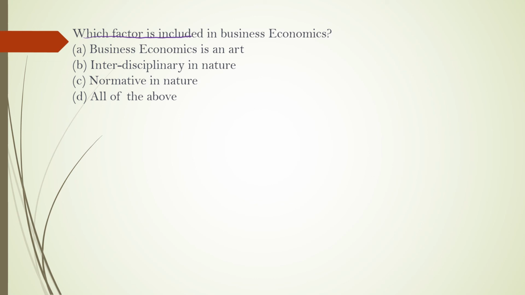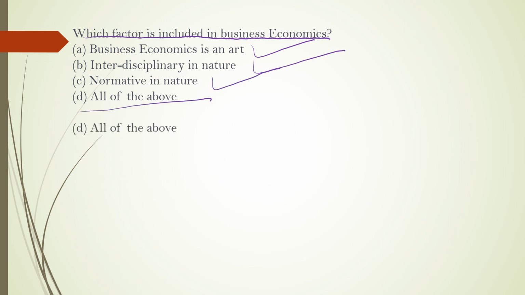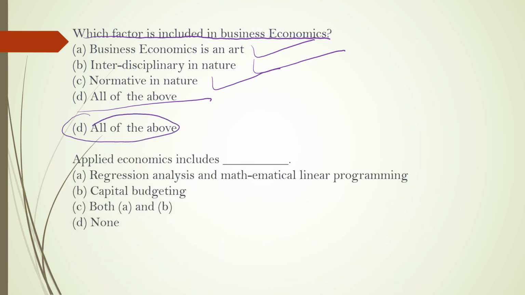Which factor is included in business economics? Business economics is an art, interdisciplinary in nature, normative in nature, all of the above. Right, all of the above is the right answer. Applied economics includes regression analysis, mathematical linear programming, capital budgeting, both A and B, none.